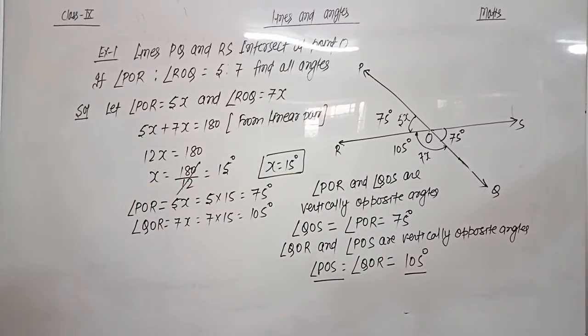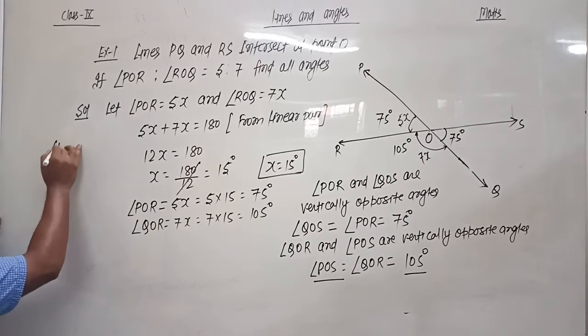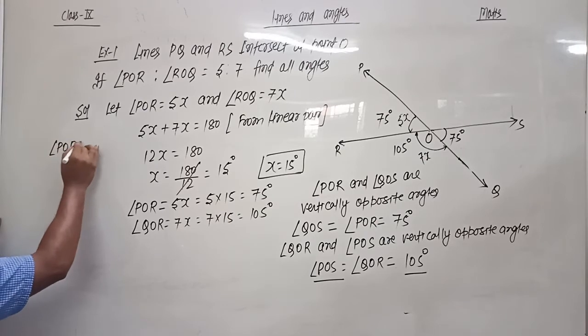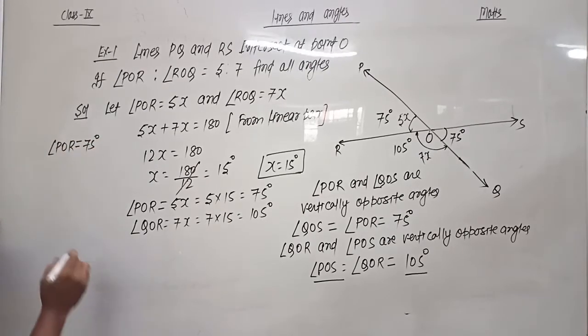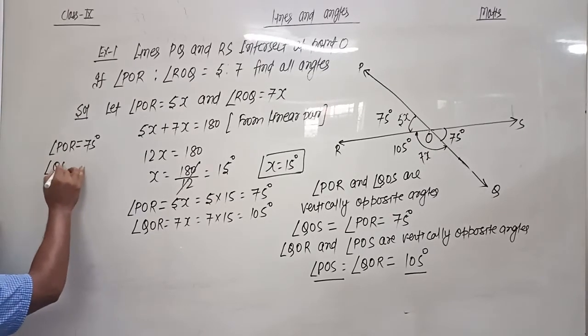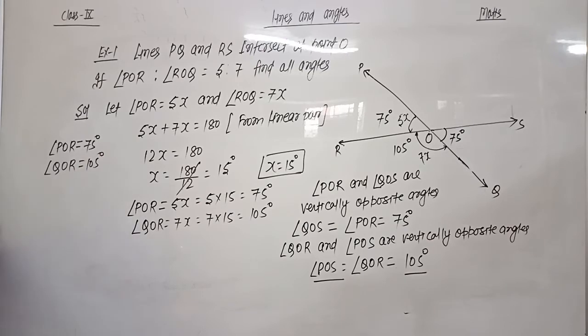So all the angles we have calculated. Angle POR is found to be 75 degrees. Angle QOR is 105 degrees.